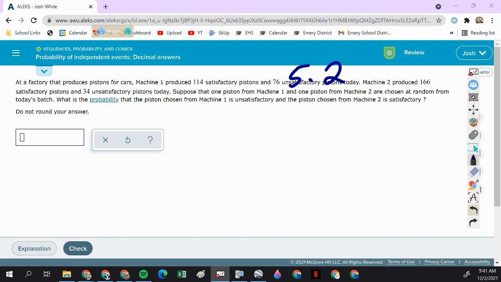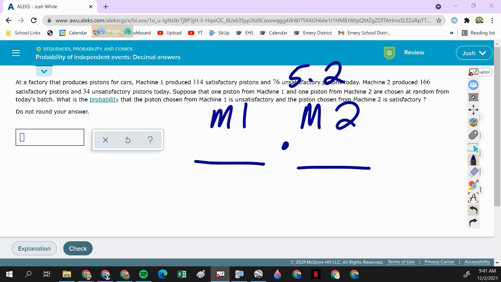So what we do is we take the machine 1 answer and we multiply it by the machine 2 answer. Okay? So we want to know what is the probability that the machine 1 piston is bad and the machine 2 piston is good.